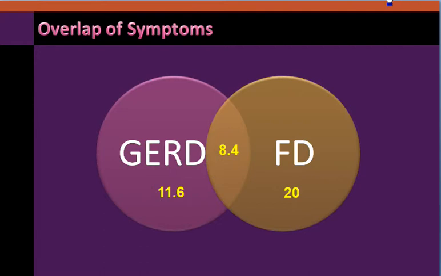It is important for us to rule out GERD before we classify a patient as having functional dyspepsia and start treating him for functional dyspepsia, because the treatment for GERD should be aggressive, because we do not want him to develop esophagitis, we do not want him to have stricture, we do not want the patient to have Barrett's esophagus if it is GERD untreated, and that could lead to Barrett's esophagus, and the esophagitis can lead to carcinoma of the esophagus, which is becoming more common nowadays compared to previous days.